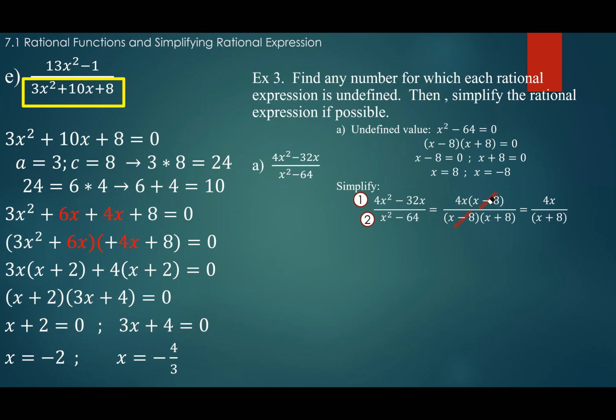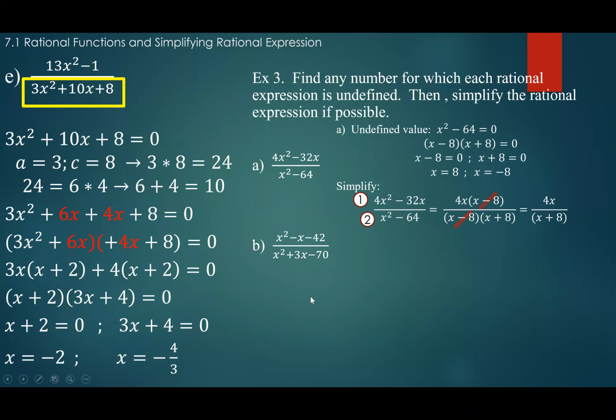If they are not exactly the same, you cannot cancel them out. You cannot pick and choose what to cancel if you deal with a binomial, trinomial, or polynomial. They need to be exactly the same, okay? Let's try one more, and then I'll take your questions.